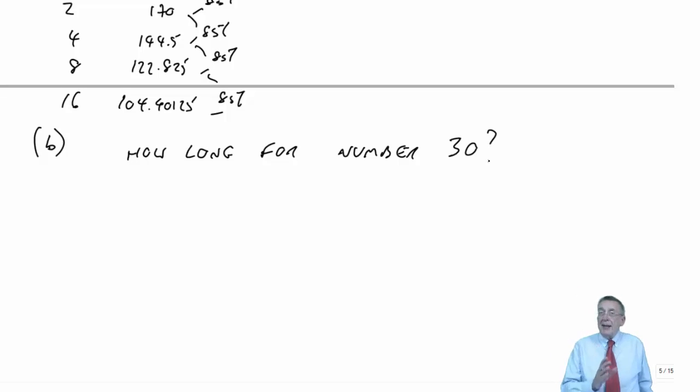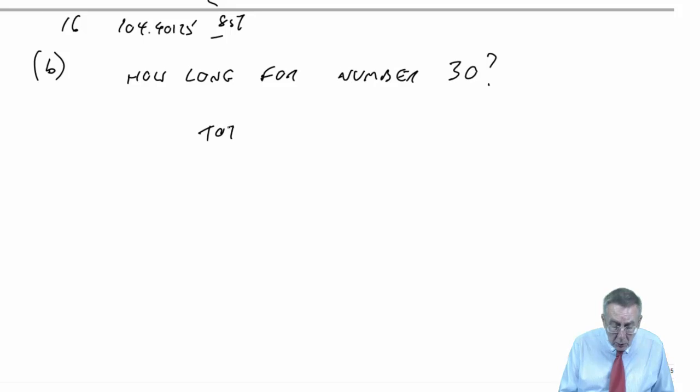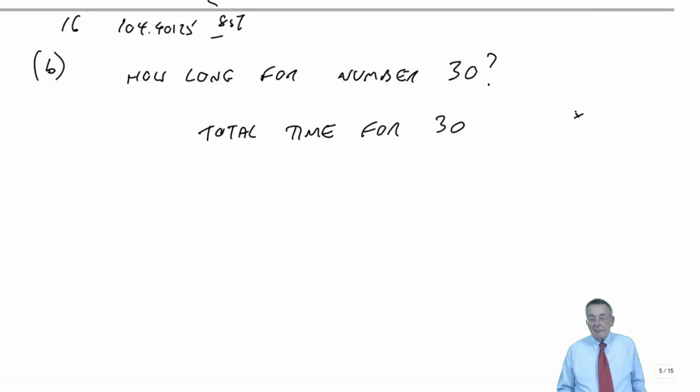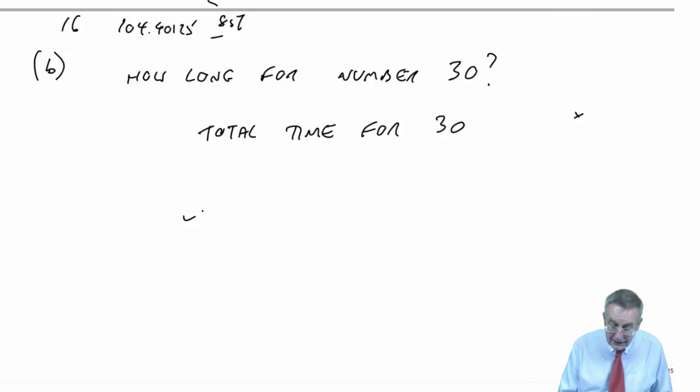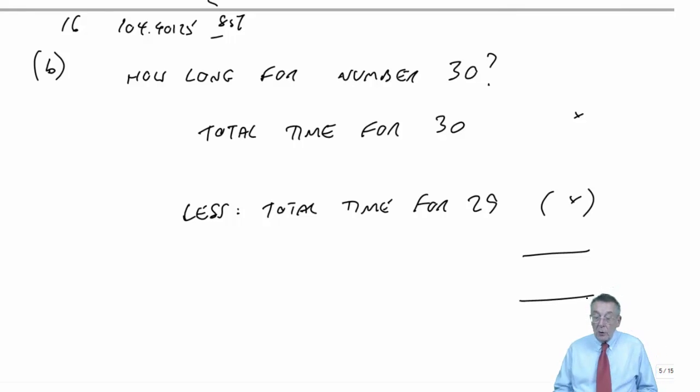Now, we cannot get that directly. All we can do is take the same approach as we did before. If I can work out the total time to make 30, and subtract from that the total time for 29, then we'll have what we're after.